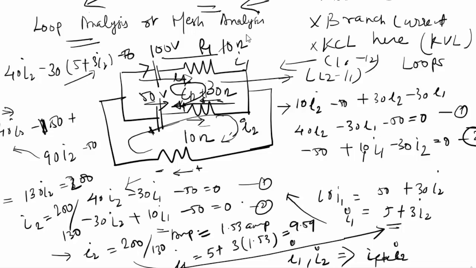I've just computed the values, and it turns out that I2 is equal to 1.53 and I1 is equal to 9.59.